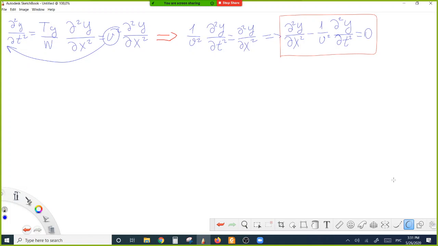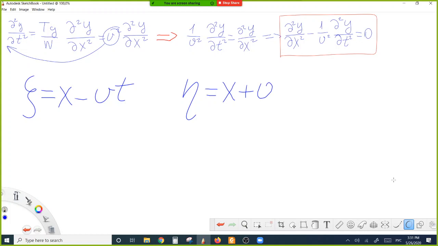we may introduce a new variable zeta, which is x minus vt, and a new variable eta, which is x plus vt.